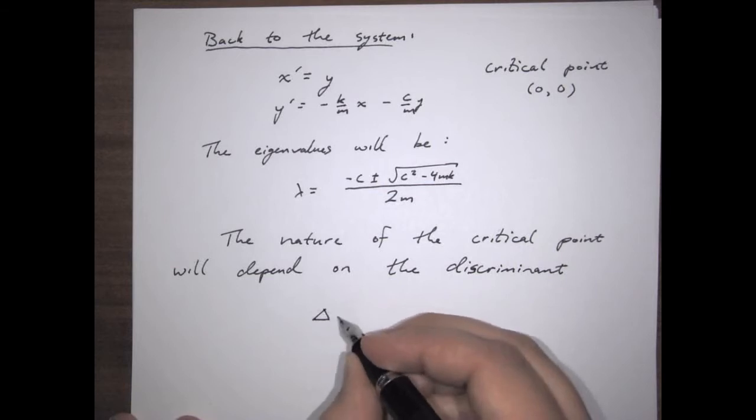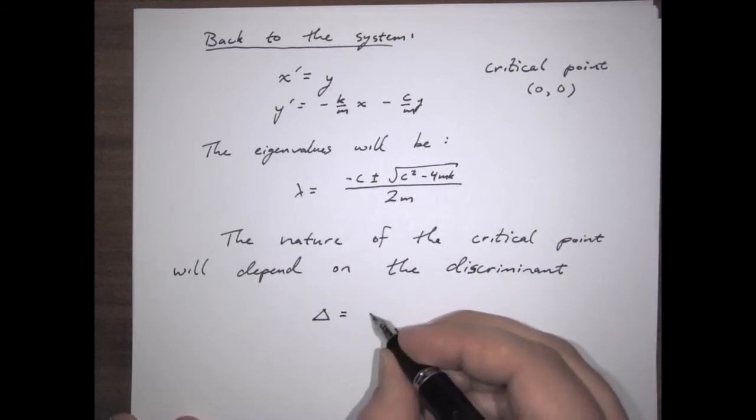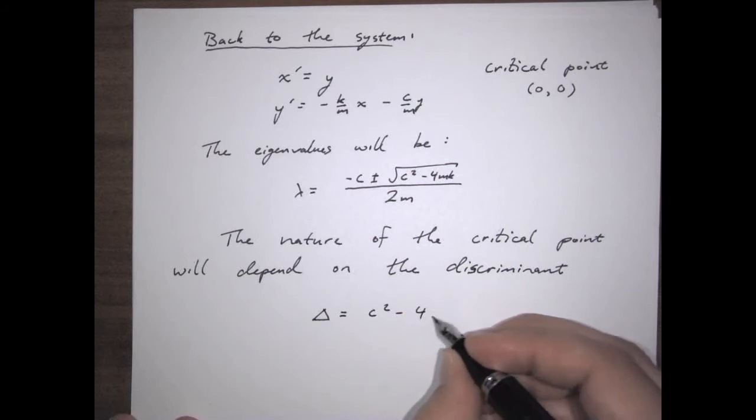Sometimes delta is used for the discriminant: c squared minus 4mk.